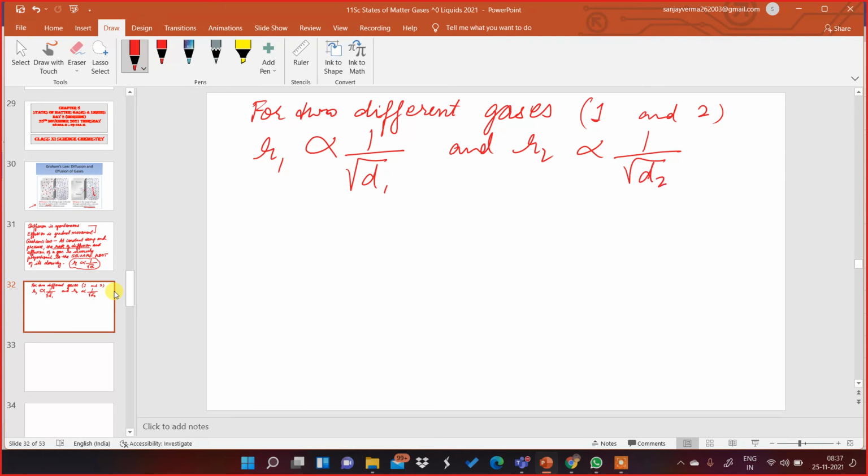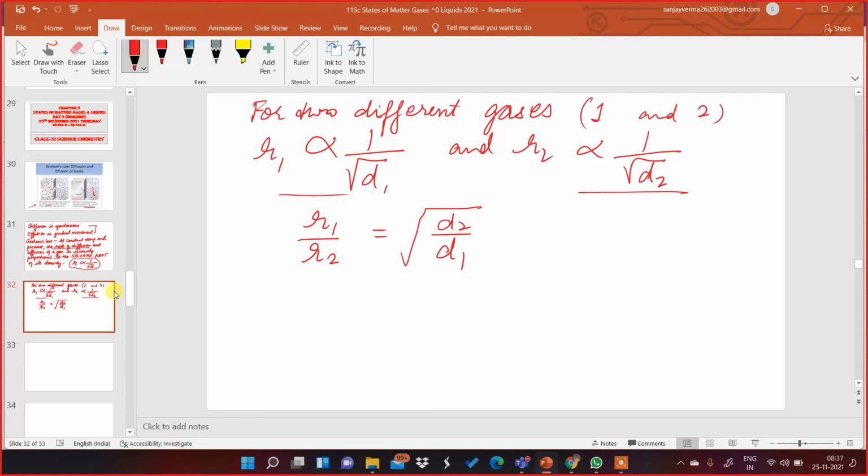If you combine these two equations into a ratio, I get r1 by r2 is equal to root under d2 by d1.